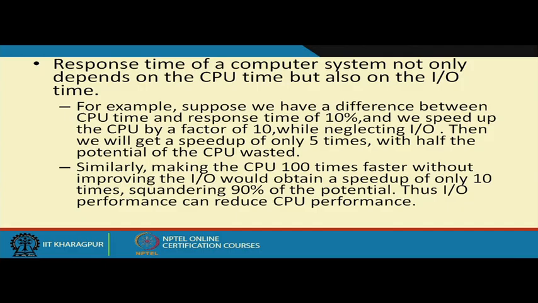Similarly, making a CPU 100 times faster without improving the IO would obtain the speed up of only 10 times, wasting 90% of its potential. Thus, IO performance can reduce the CPU's performance. So, while deciding a server, it is not only the CPU's characteristics, but its IO characteristics also need to be understood.